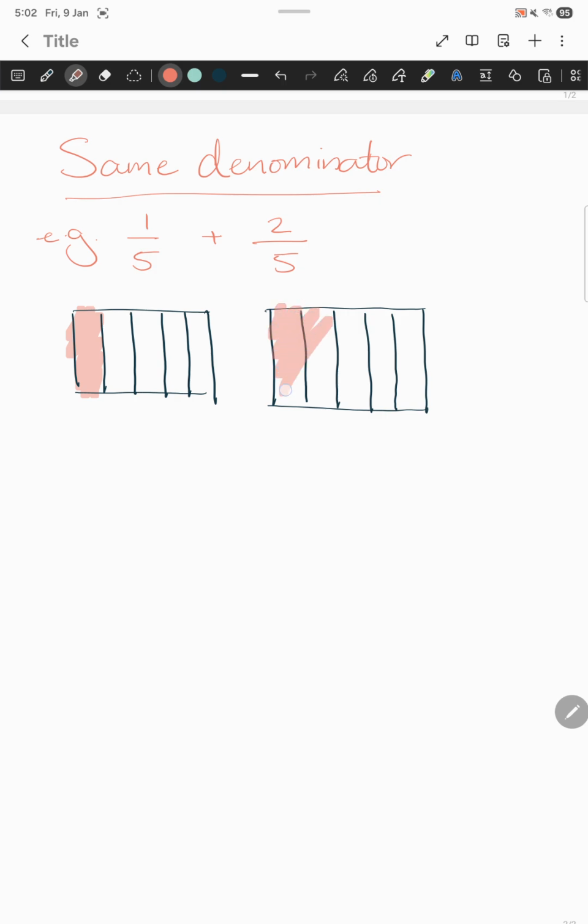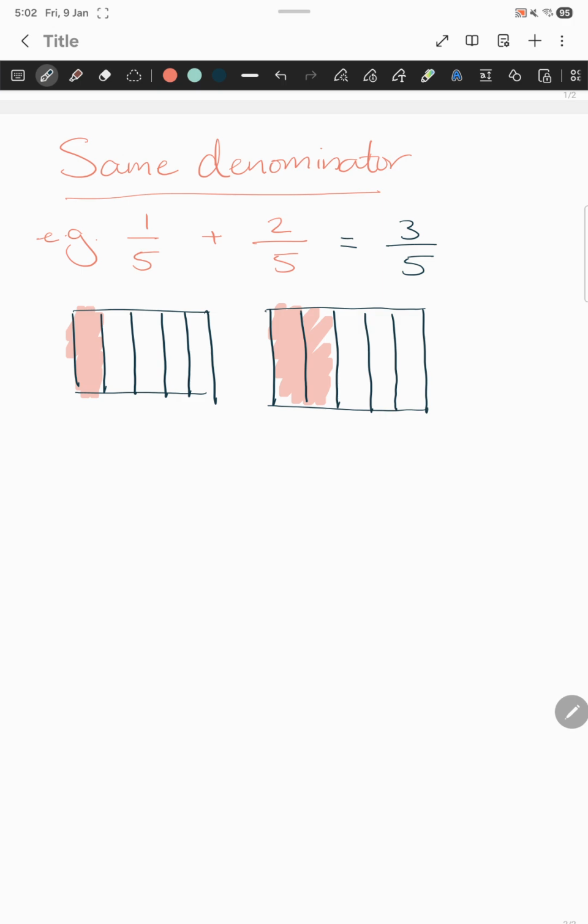This one has 2/5 shaded. So altogether, how much have we got shaded? Altogether we have 1, 2, 3, 3/5 shaded, because we can put these three blocks together. And because they're all the same size, they have the same denominator.